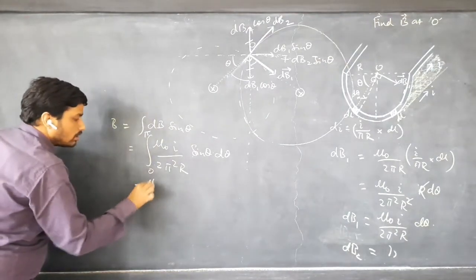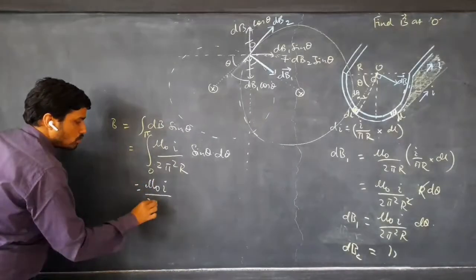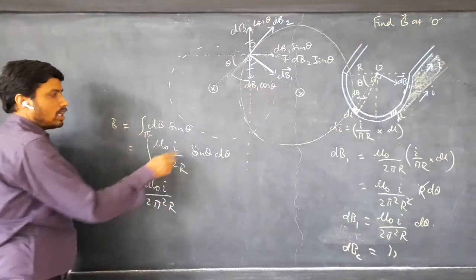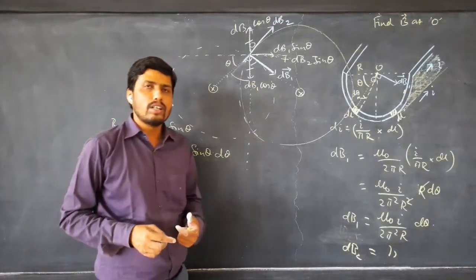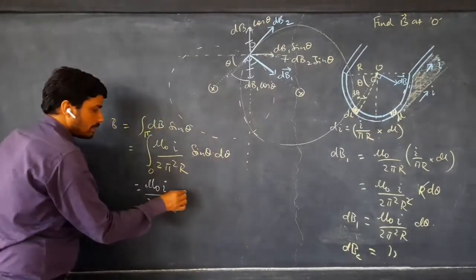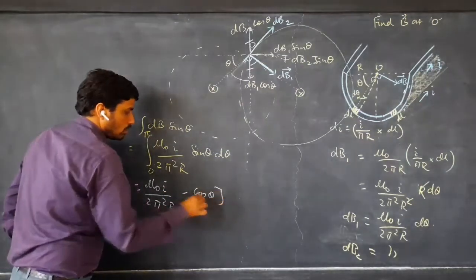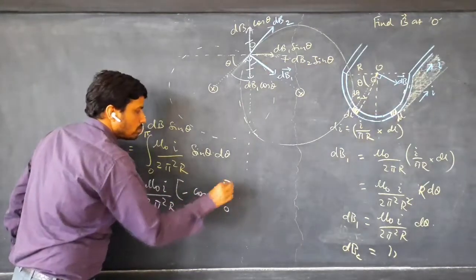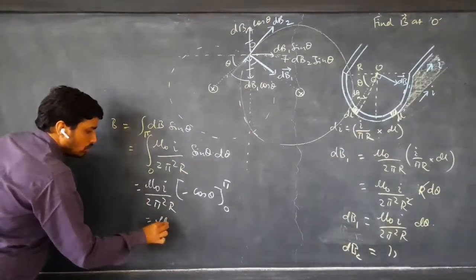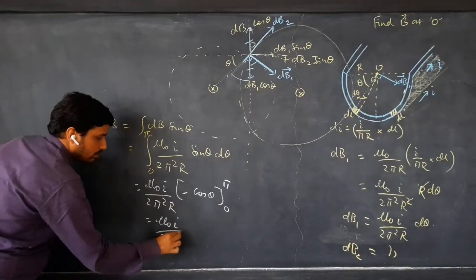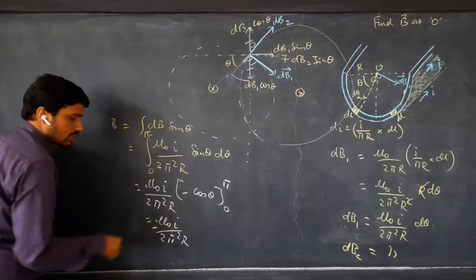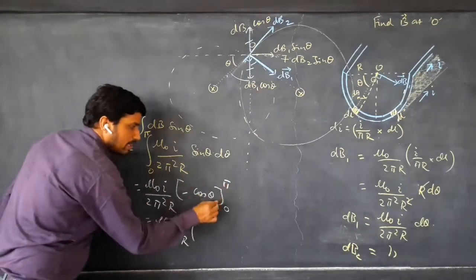So mu naught I upon 2 pi square r will come out. We will be left with integration of sin theta. Integration of sin theta, you know, students, is minus cos theta, from 0 to pi. So mu naught I by 2 pi square r, minus, I can take it outside, then cos pi minus cos 0.